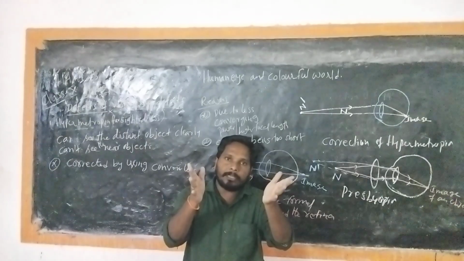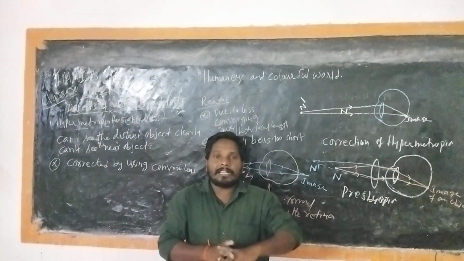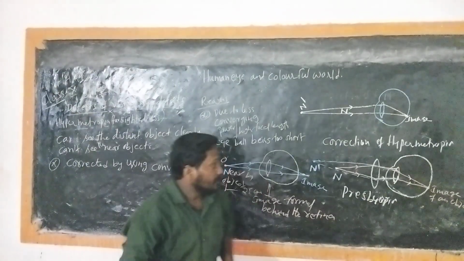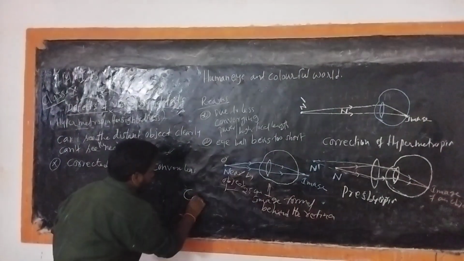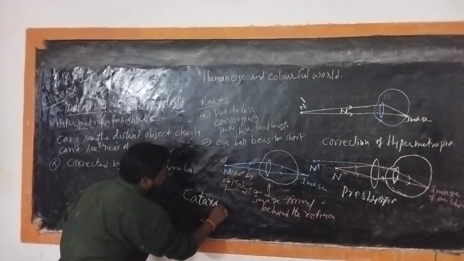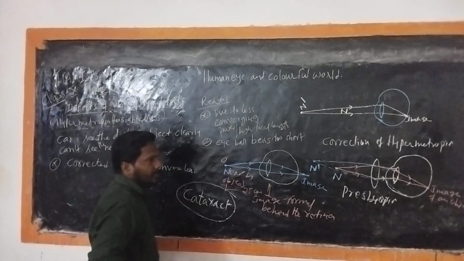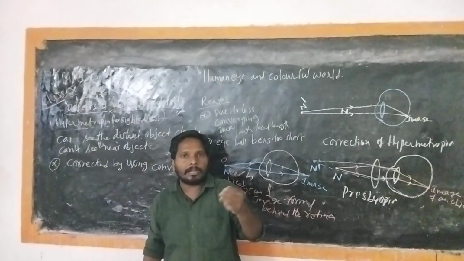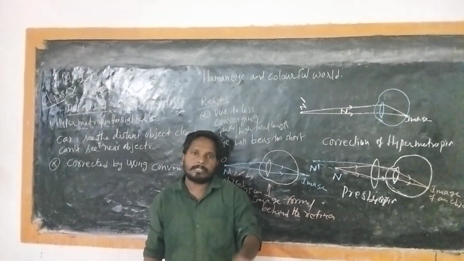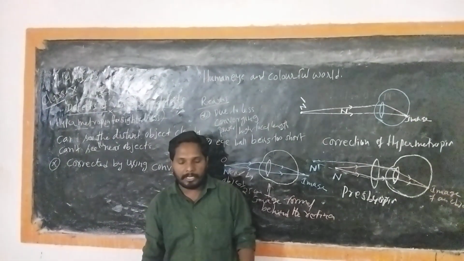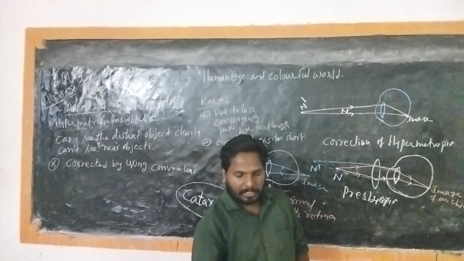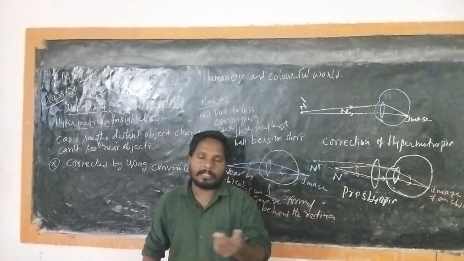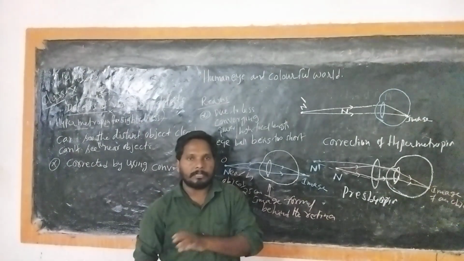A blurred image of an object is formed. Such a defect of vision is called cataract. We cannot correct cataract by using any type of lens, either concave or convex. The only way is surgery. Especially old age people suffer from this type of defect of vision.